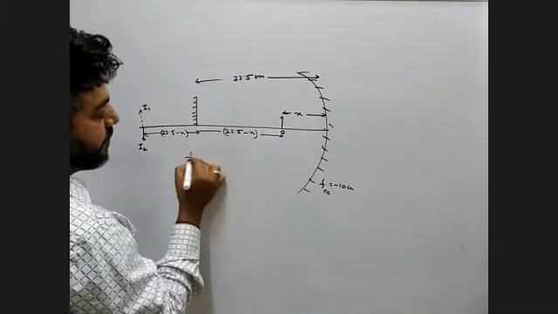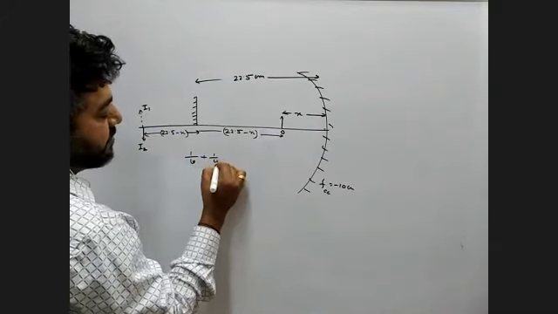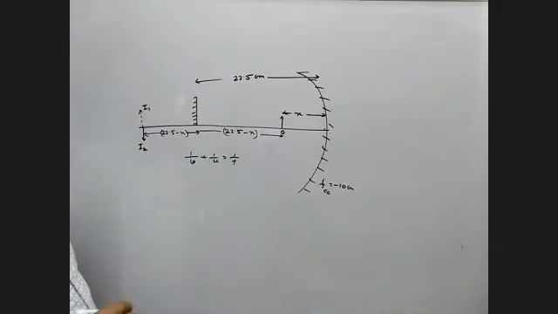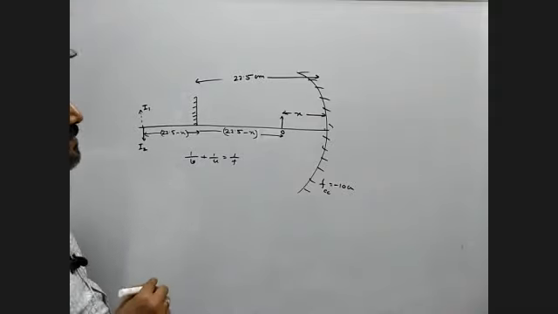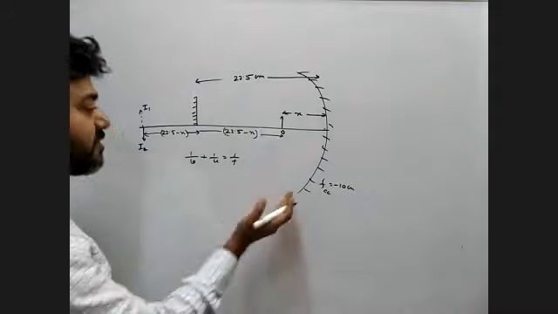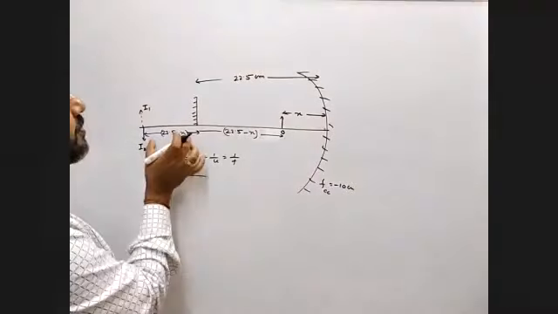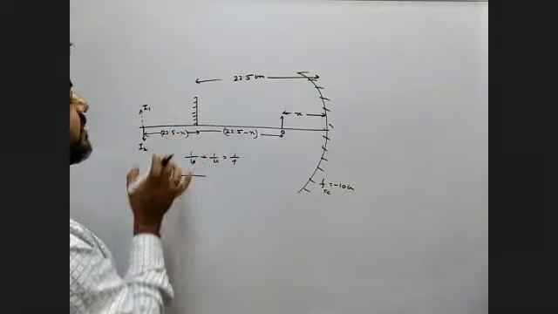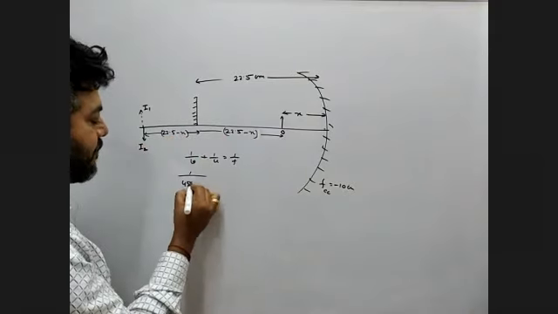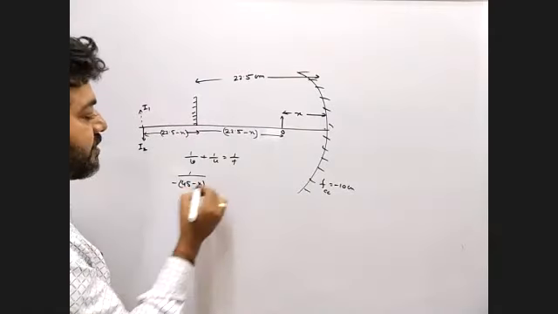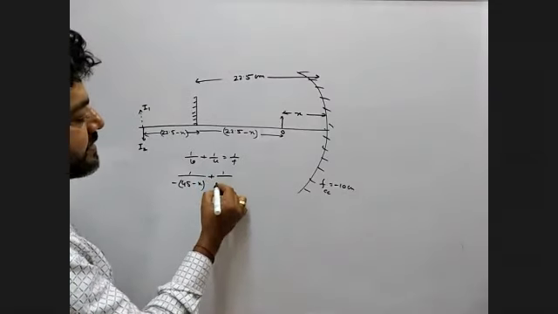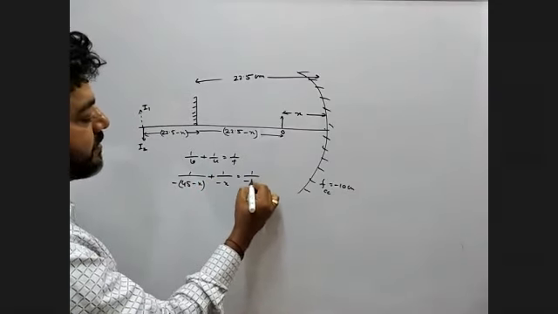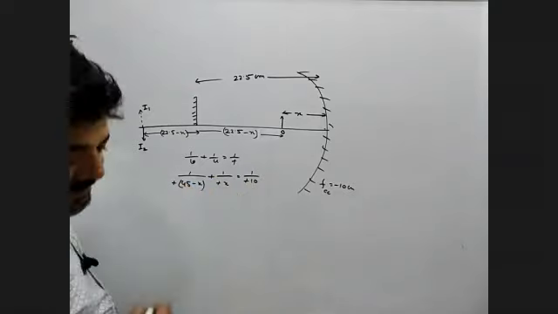So from 1 by v plus 1 by u is 1 by f. These all are in front. So 22.5 and 22.5, 45 minus x in front plus minus x equals to minus 10. So minus cancel.